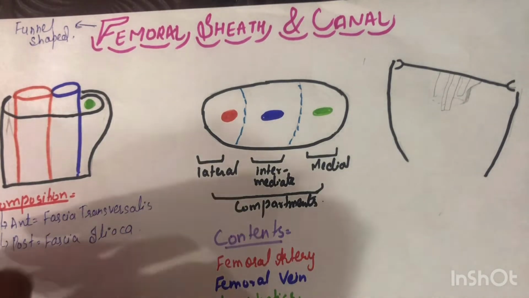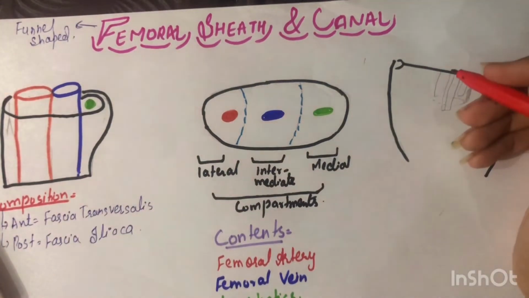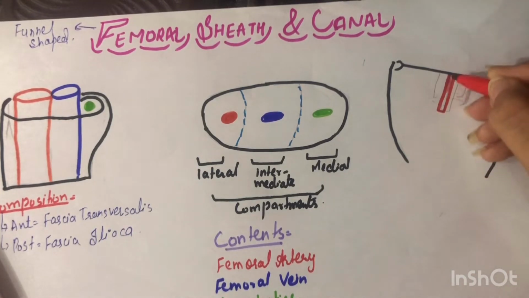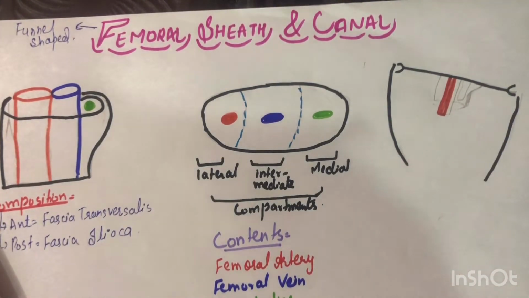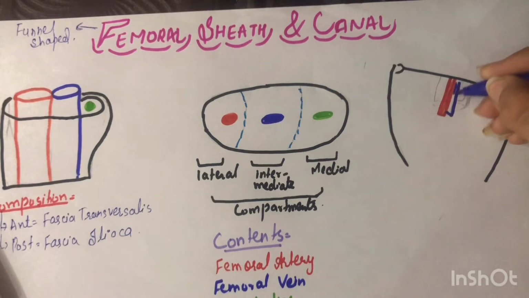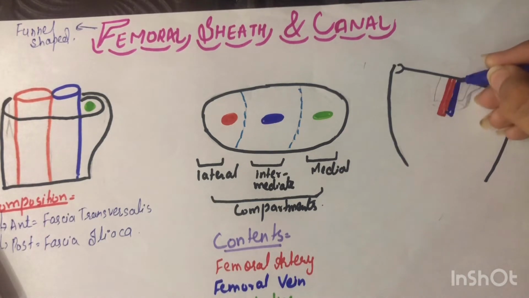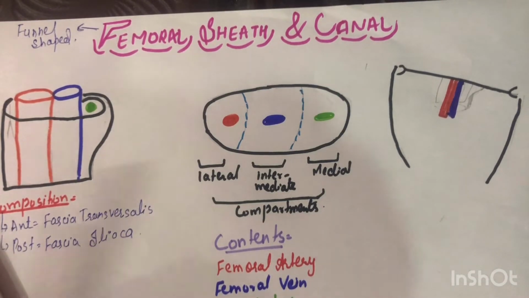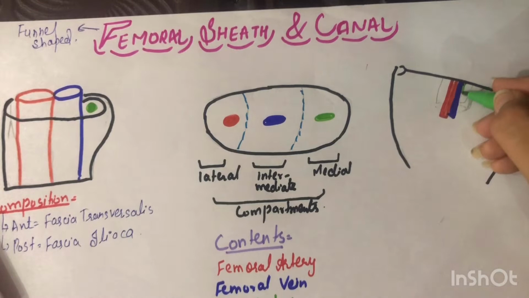So this is our femoral artery. Then we have our femoral vein, and the last one I told you was our lymphatics.